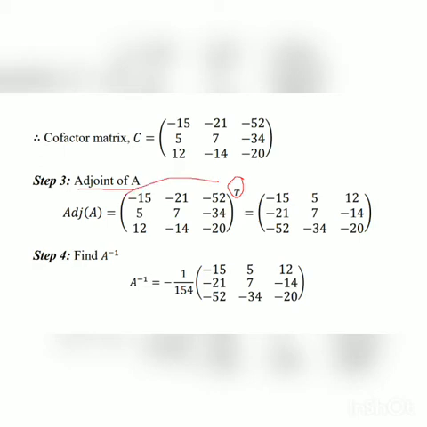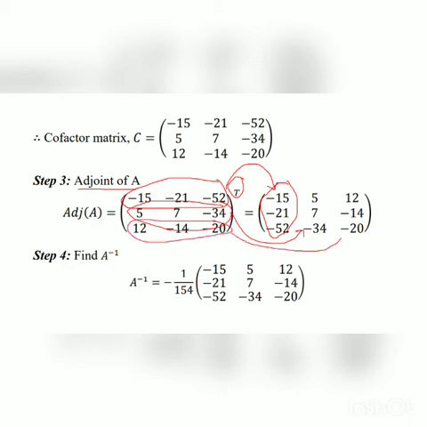By simply changing the first row into the first column, the second row to the second column, and the third row will become the third column over here. After doing this, we will now obtain the adjoint of A.